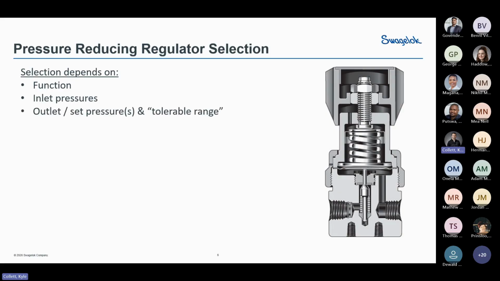So now that you know your function, you would be looking at the inlet pressure currently feeding from your bottles to the outlet pressures or the control ranges you would like downstream, focusing in on the tolerable ranges that you would need. Not all systems have one set pressure. You might need to select a pressure regulator that has a range.